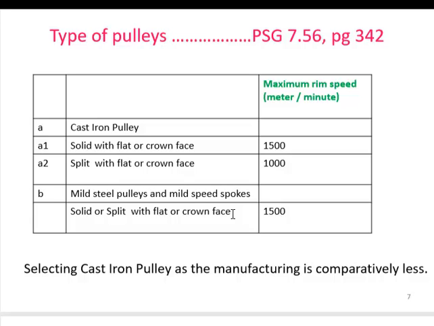Or if your value of maximum rim speed lies somewhere between 1 meter per minute and 1000 meters per minute, anywhere in between that, you can select split with flat face.